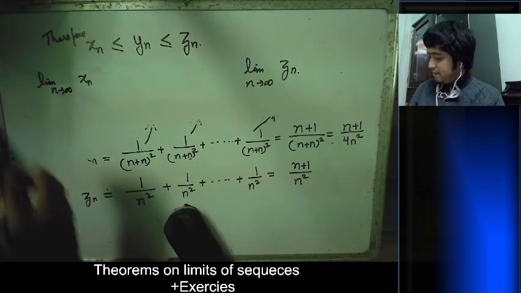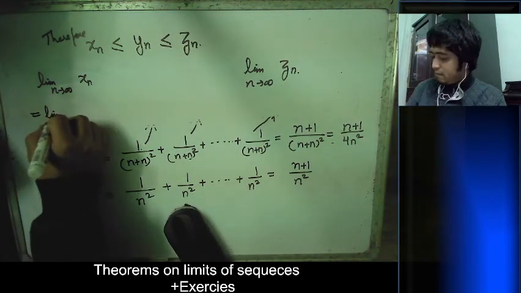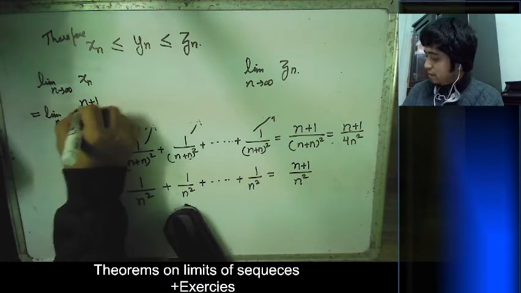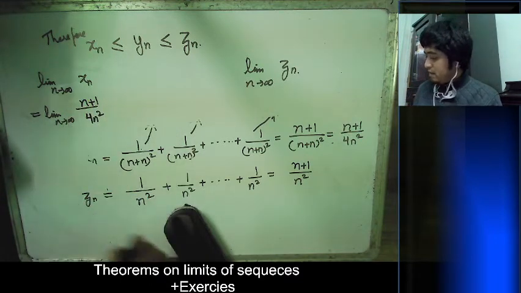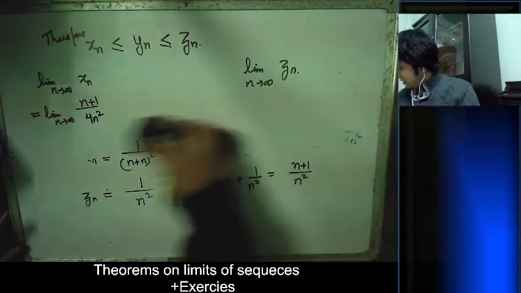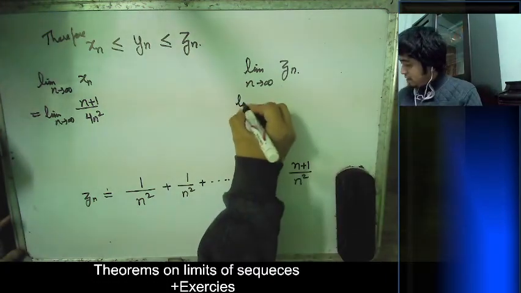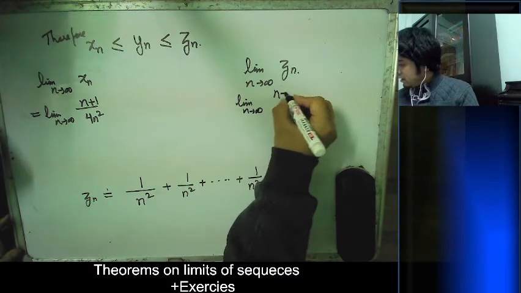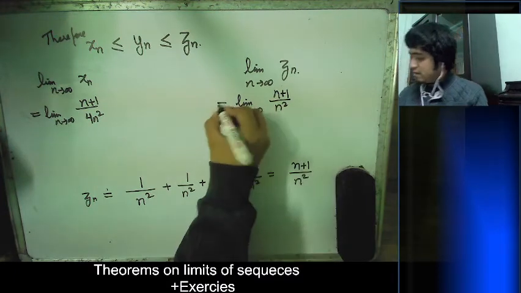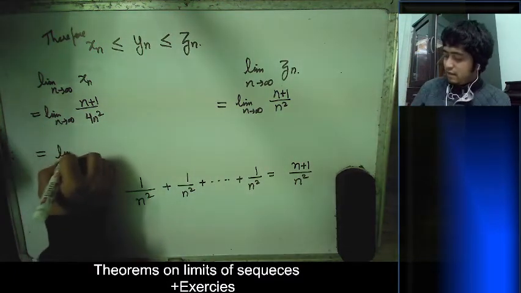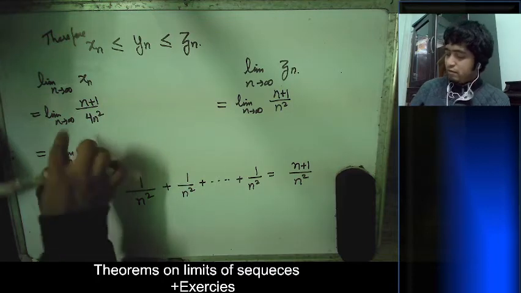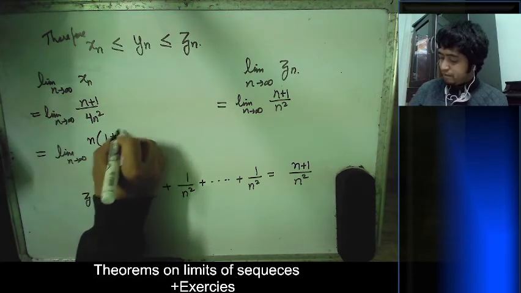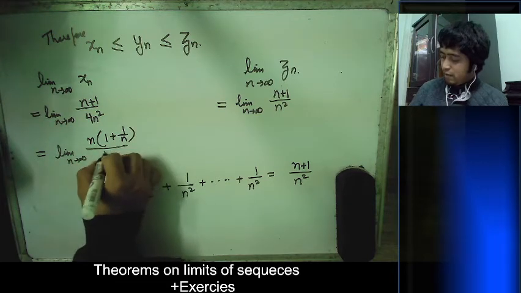So xn is n plus 1 by 4n squared, and zn is n plus 1 by n squared. Again over here what we can do is take common the highest power of n in the numerator by 4n squared.